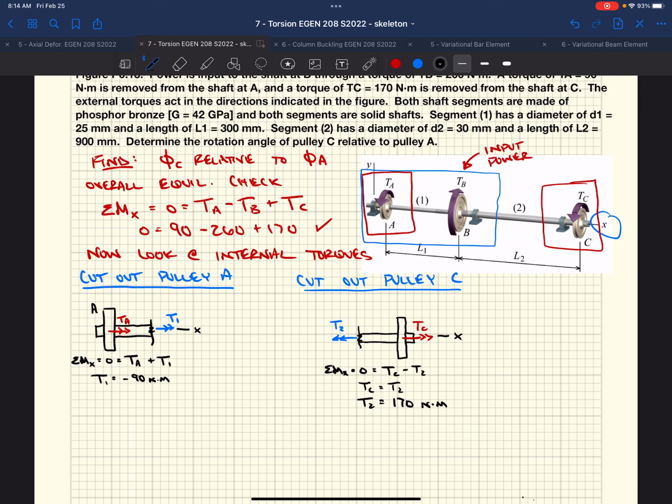Yes? This might be unnecessary, but I'm confused on why it's called taking moments. Because a torque is essentially a moment, right? It's a force over a distance, perpendicular distance to an axis. That's all it is. The units of it are force times distance. So it's the same thing, right? You could sum the torques about the x-axis if you wanted to.